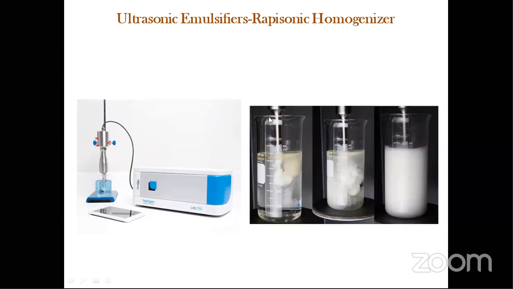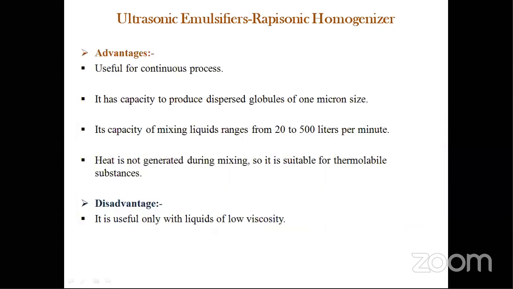So this is the total picture of emulsification by using the Rapisonic homogenizer. One of the most important points is that it does not produce any heat during the mixing process. So you can easily use thermolabile substances in this mixing process, and it is suitable for thermolabile substances.